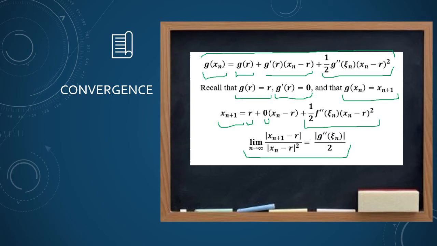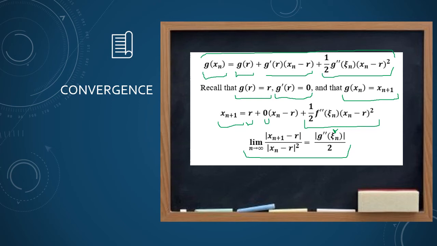Well, I'm not quite sure. But now that we're on the topic, this is just a number between x of n and r. That's all it means. So meaning the entire thing is just a number.